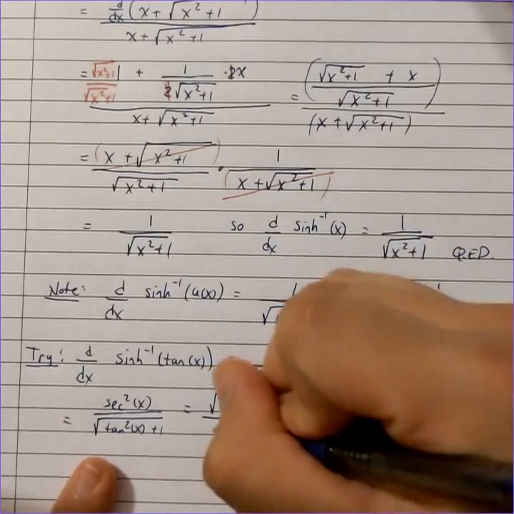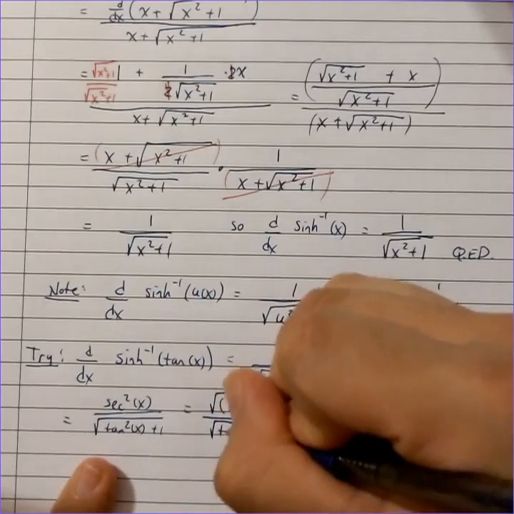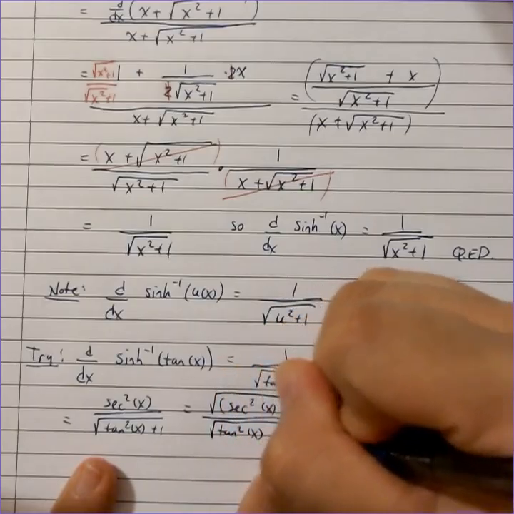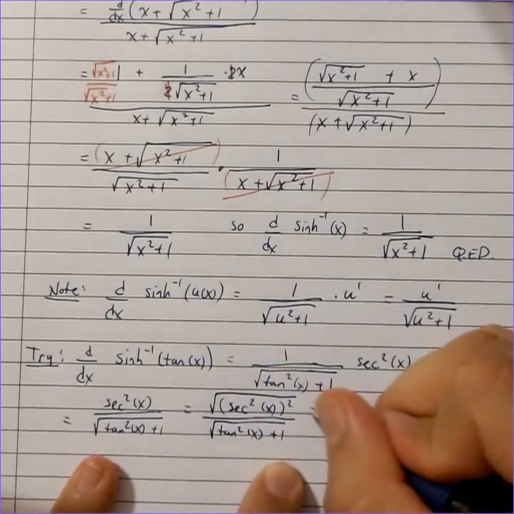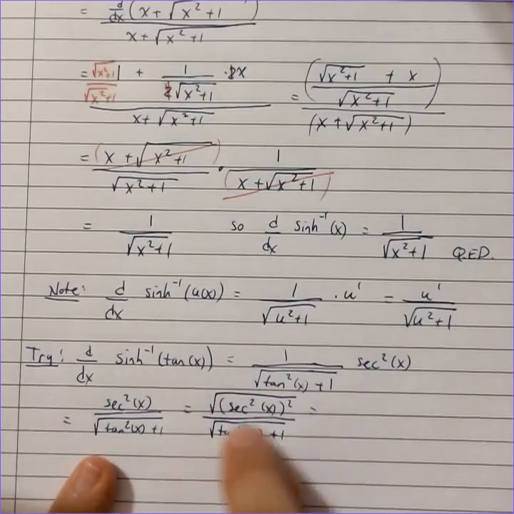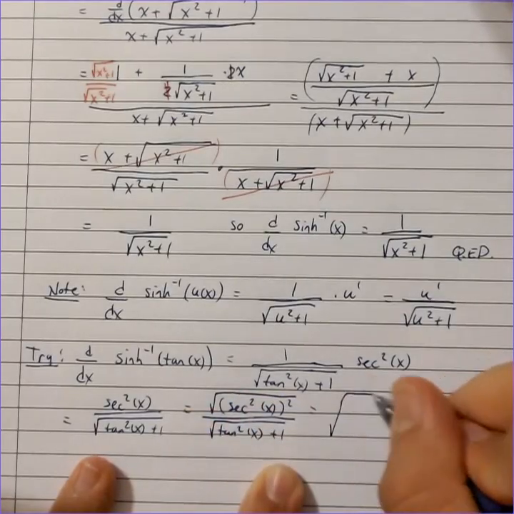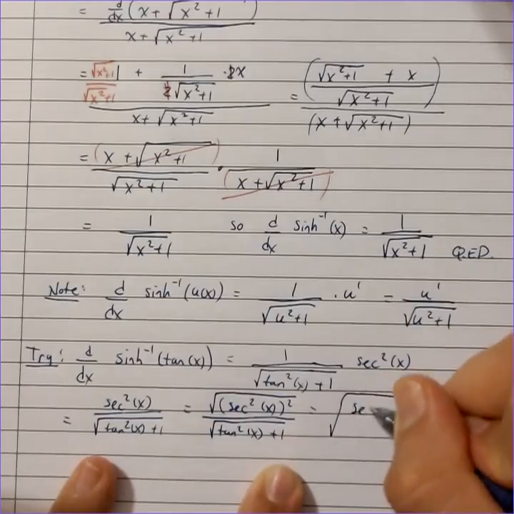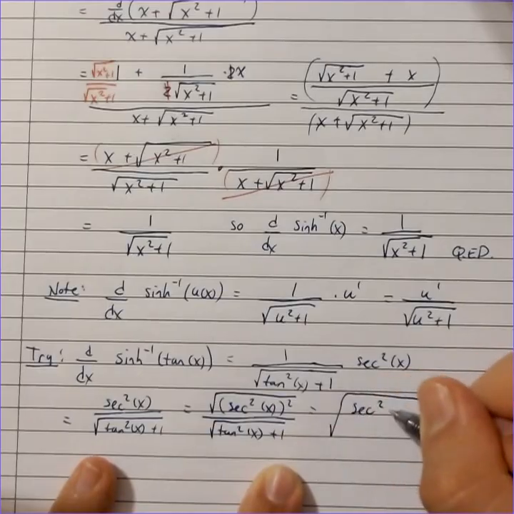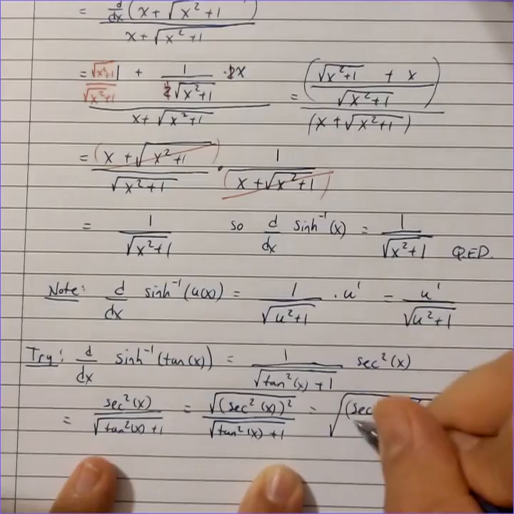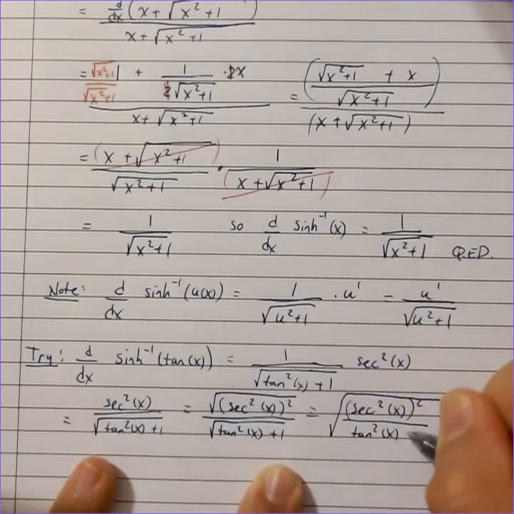All over the square root of tangent squared of x plus 1, which you note now is a radical in the numerator and a radical in the denominator. We can write this as the radical of secant squared of x quantity squared over tangent squared of x plus 1.